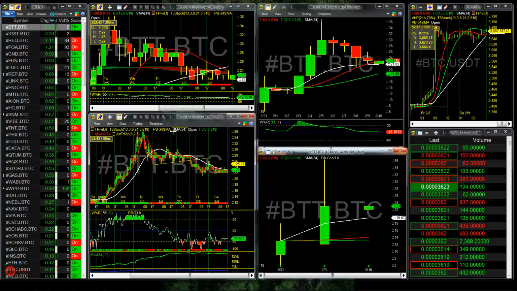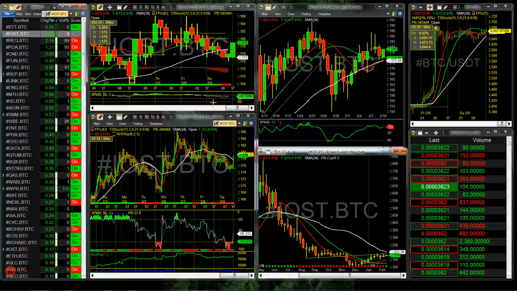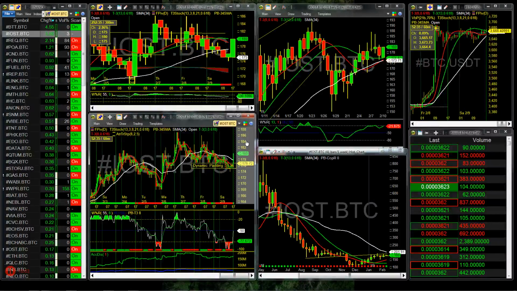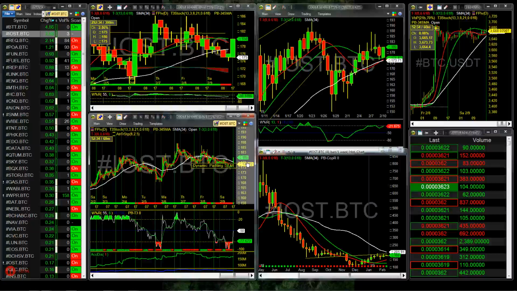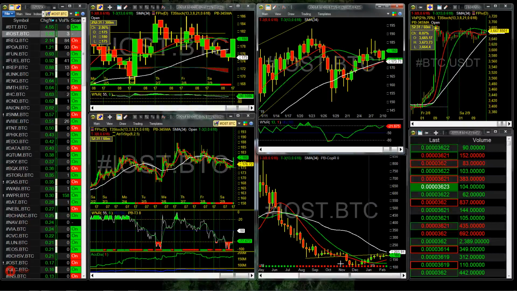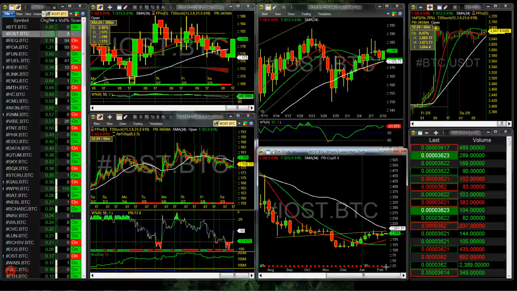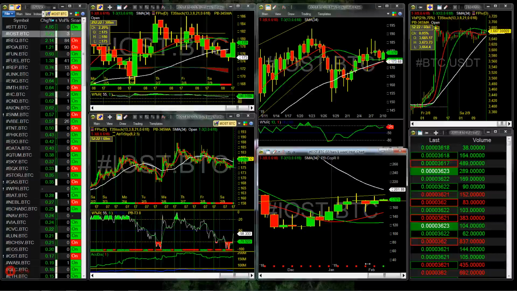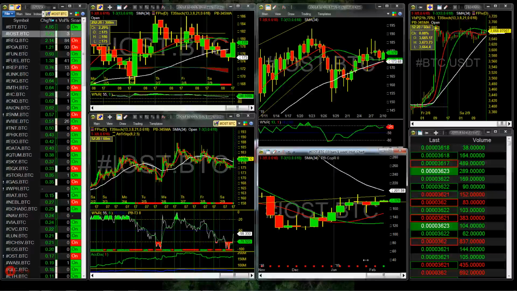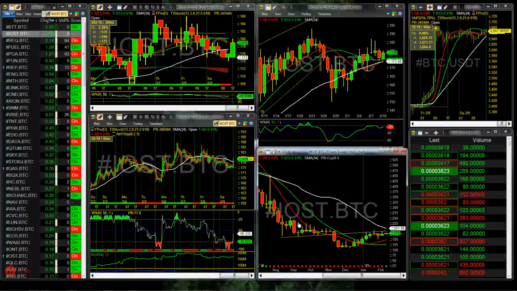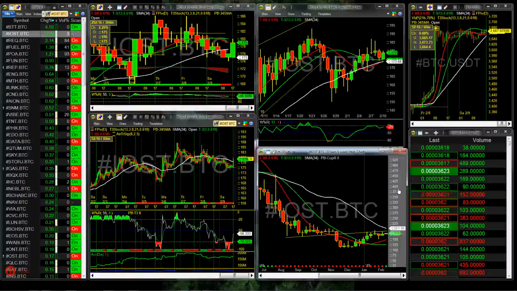IOST. Looking for a trend line cross on the weekly chart there. Nice balance line, previous lows, previous highs.